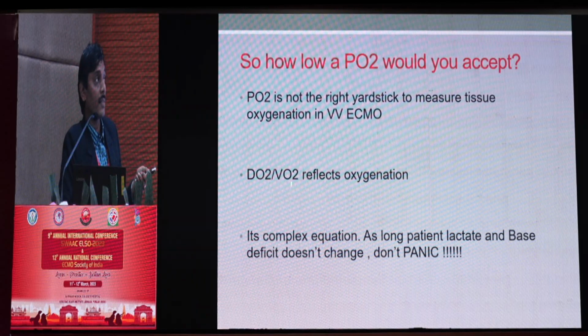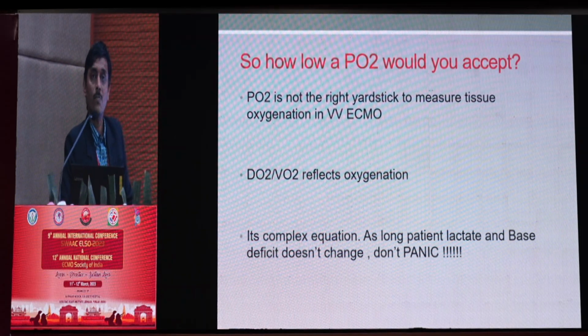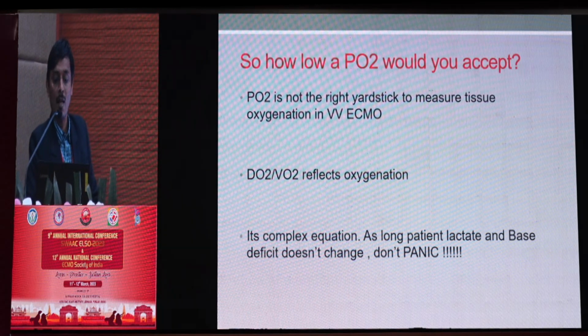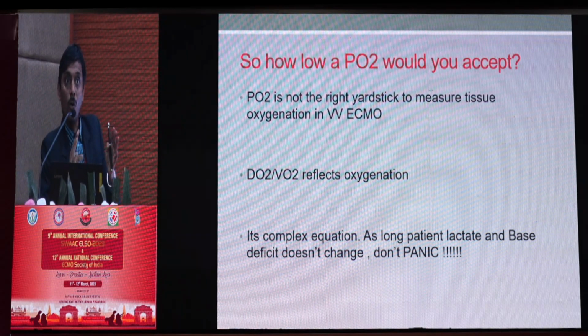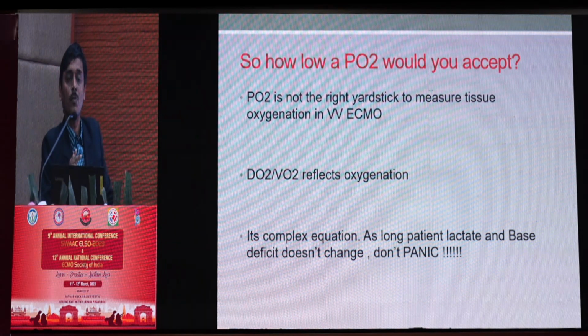The moment it hits less than 2, your tissue would turn to anaerobic metabolism, and that's easily monitorable by the bedside in terms of lactate or base deficit. Hence, going by that, you can accept as low sats as possible as long as your DO2-VO2 ratio is above 2:1 and your tissue is not in anaerobic metabolism.